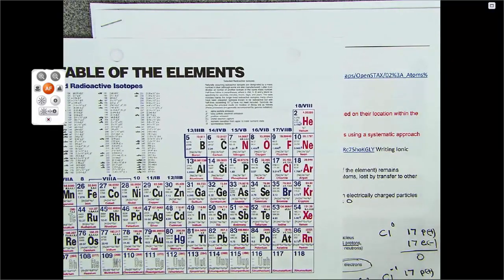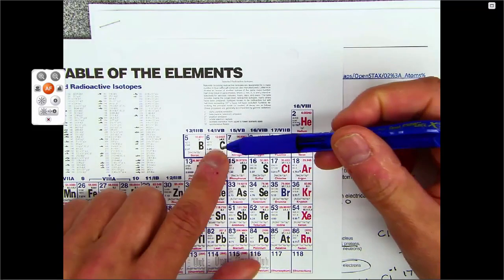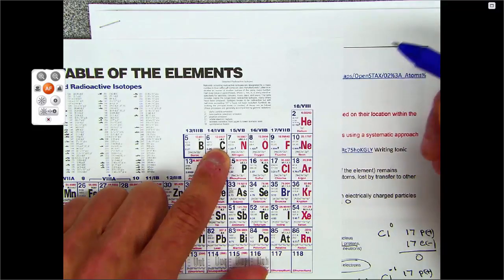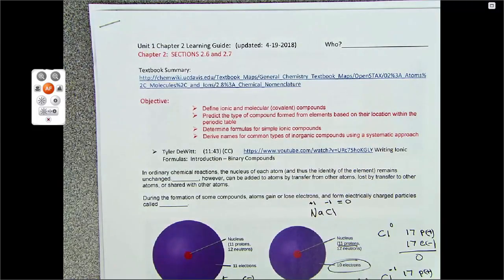But if you have a compound that's made up of nonmetals over here, carbon monoxide, just CO, that is a covalent compound. You'll see that with my recordings and with Tyler DeWitt's recordings.